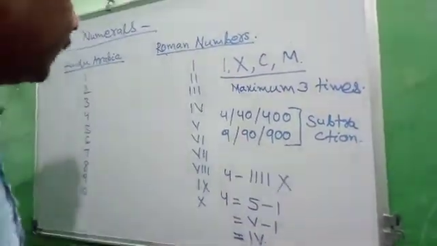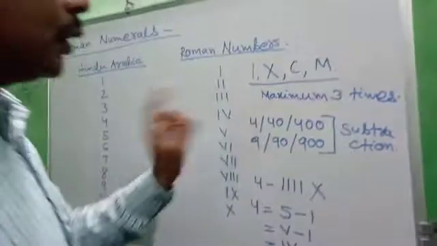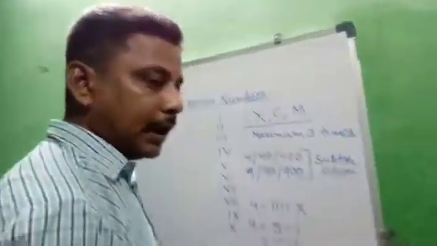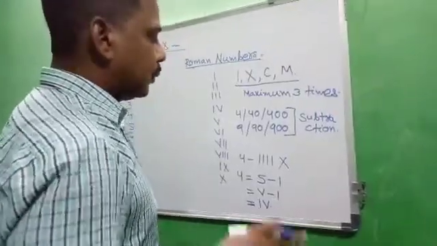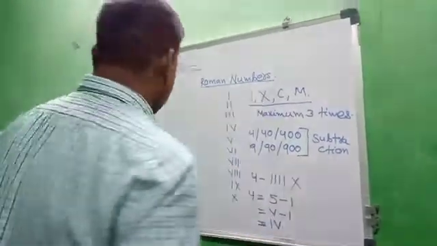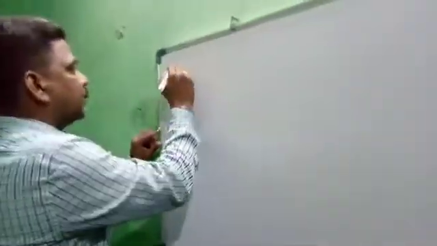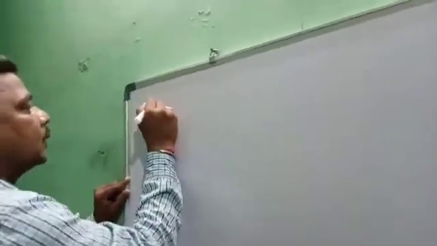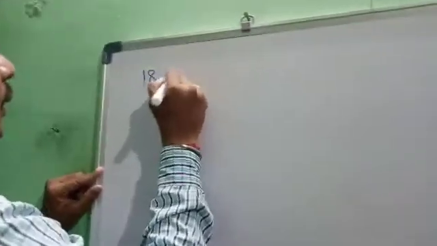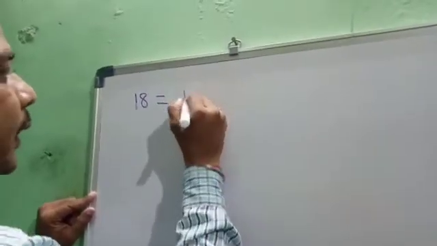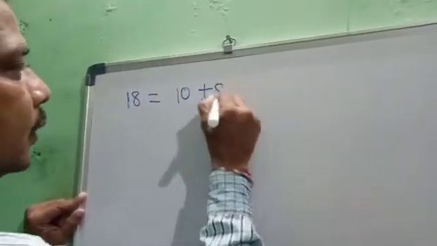Okay, in this way, for the rest of the numbers you can add according to the expanded form. Now take an example. Suppose I am taking 18. 18 means, expand it, 10 plus 8.